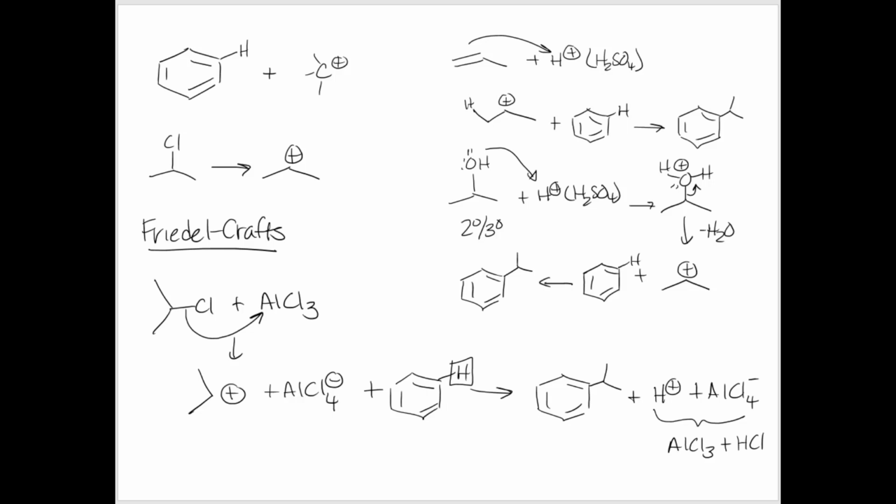So we do a substitution to put the isopropyl group on the ring. So traditionally, Friedel-Crafts reactions use an alkyl halide with aluminum trichloride to pull the halogen off and make the carbocation.